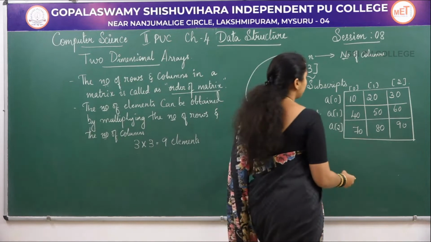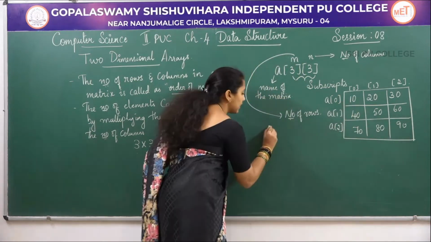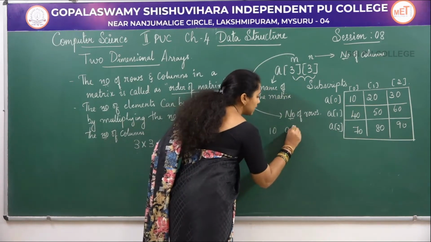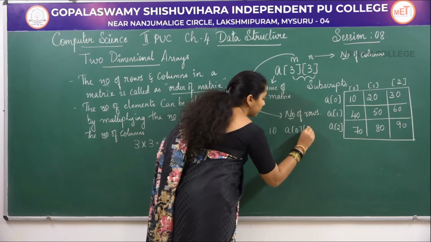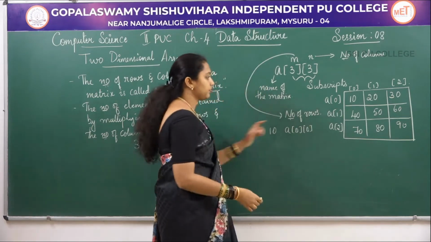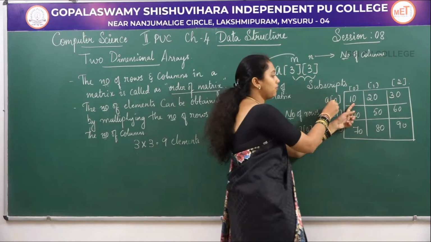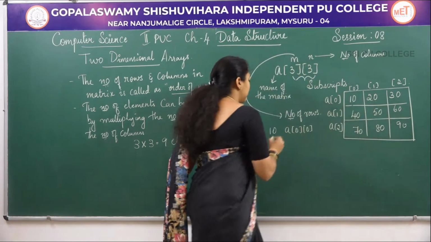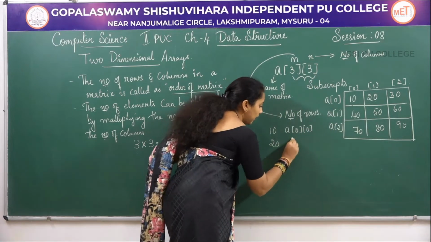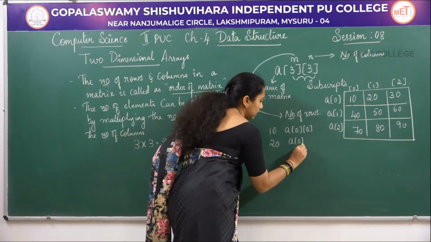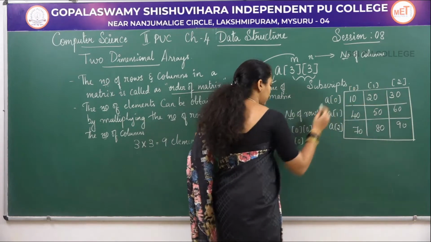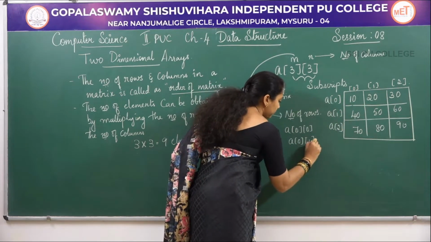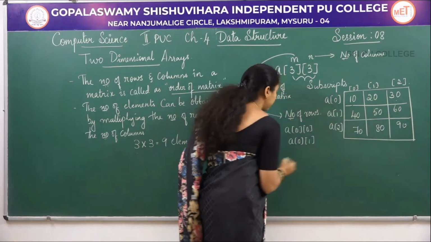So what are the positions of 10? A of 0, 0. What about 20? A of 0, 1. What about 30?